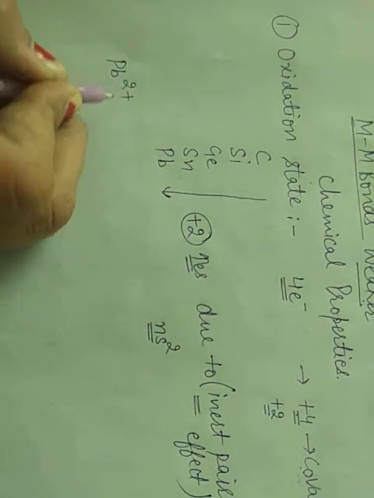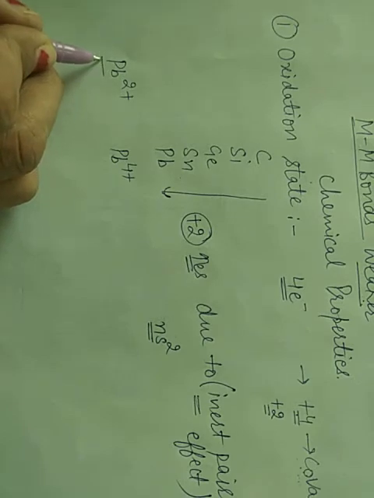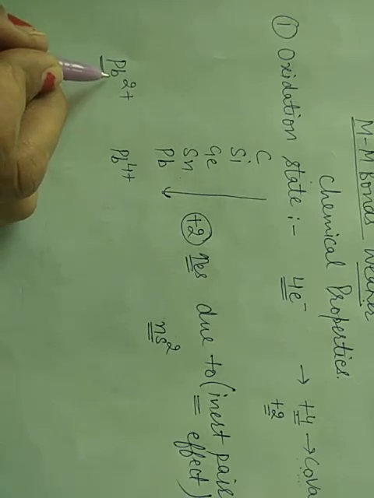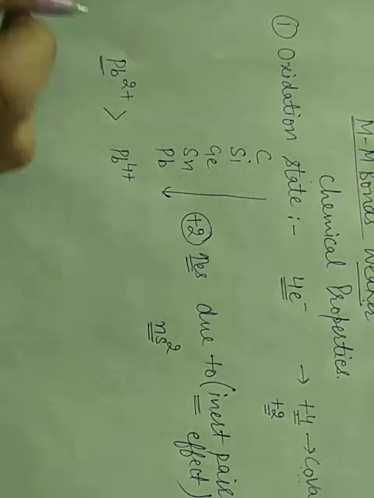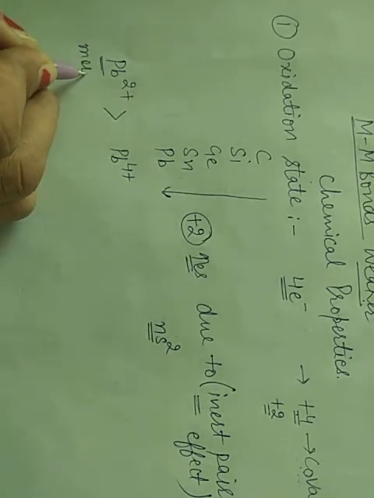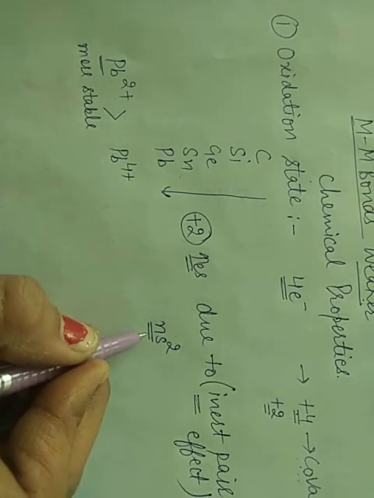Pb+2 and Pb+4. Pb+2 exists as a stable ion and it is more stable than Pb+4. ये ज़्यादा stable है. What is the reason behind this? Due to inert pair effect.